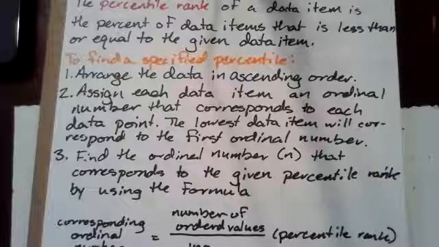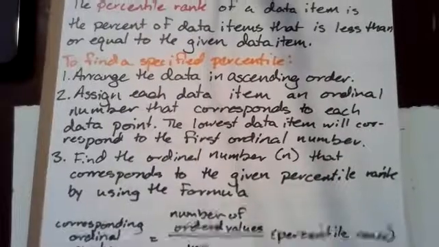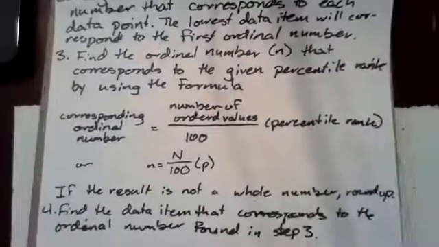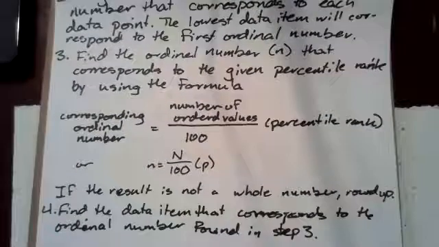Third, find the ordinal number n that corresponds to the given percentile rank by using the formula: corresponding ordinal number equals number of ordered values divided by 100 times the percentile rank, or n equals N divided by 100 times p. If the result is not a whole number, round up. Finally, find the data item that corresponds to the ordinal number found in step 3.